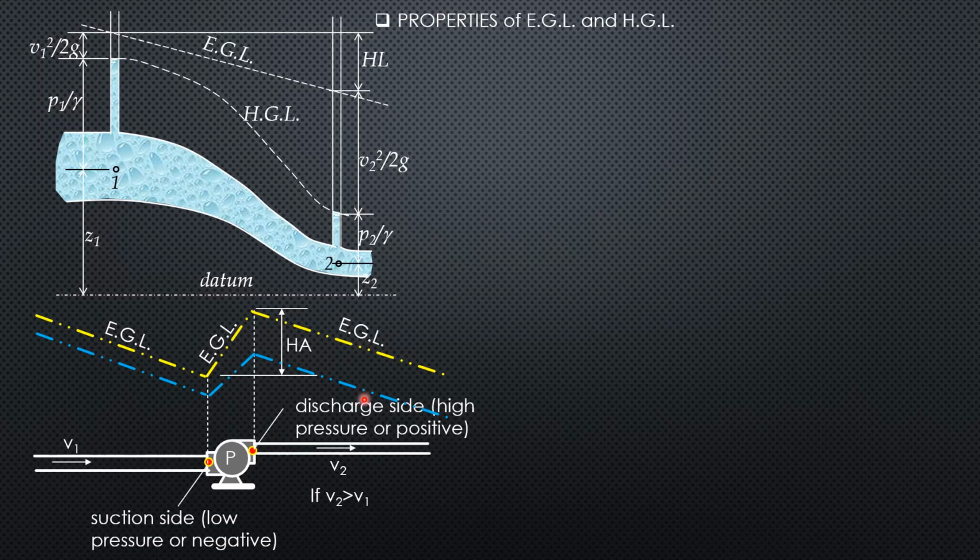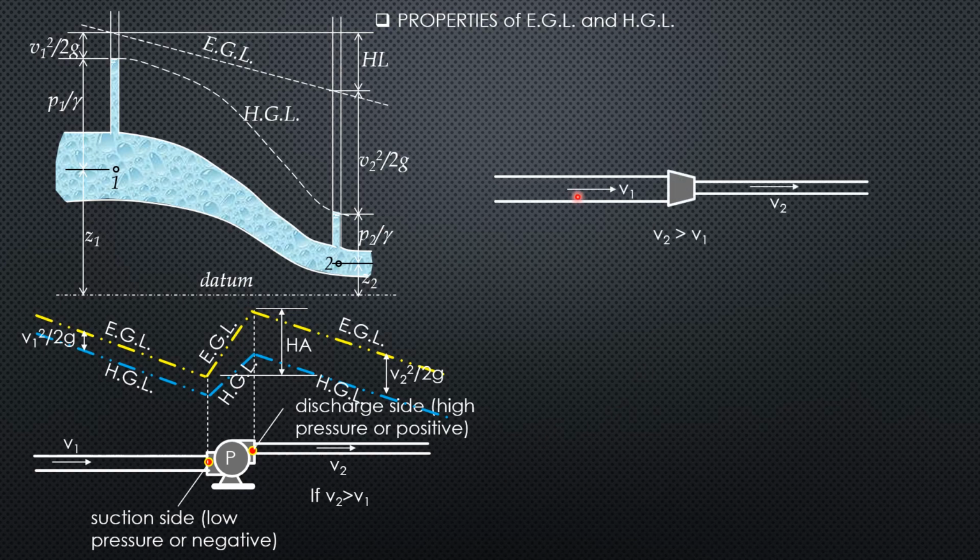For this section at pipe 2, the energy grade line and the hydraulic grade line are parallel because of constant cross-sectional area at 2. However, they are farther apart because V2 is higher. So this is the velocity head at 1, then this is the velocity head at 2, which is greater than that at 1.